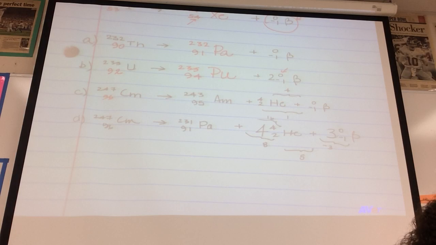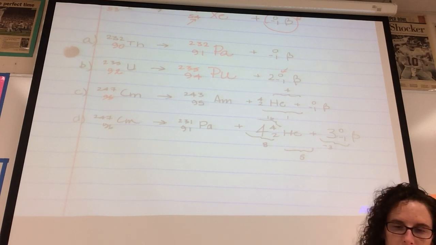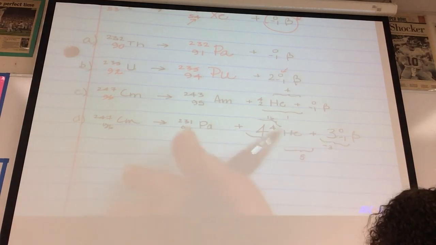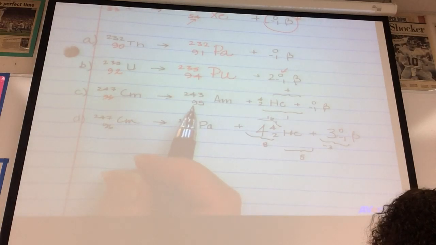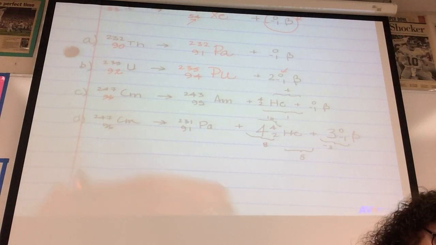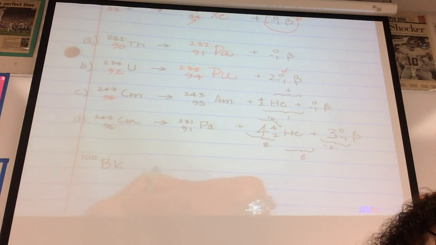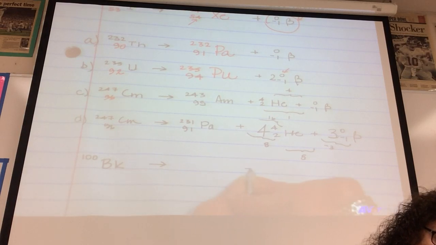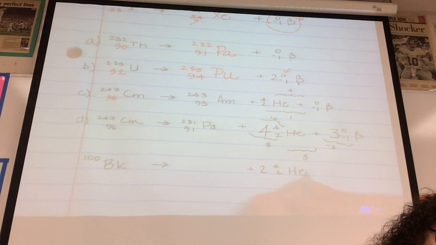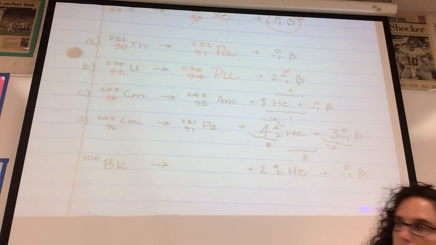Question? You want to do another one? All right. I'm just going to make one up. Let's say that we have berkelium 100, and it's going to emit 2 alpha and 1 beta.